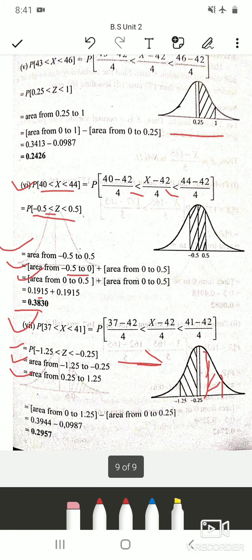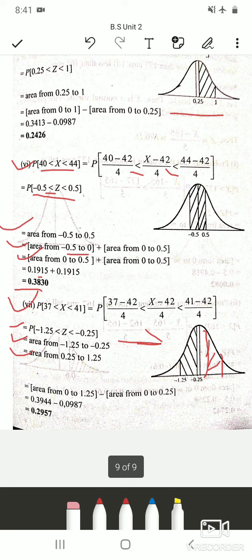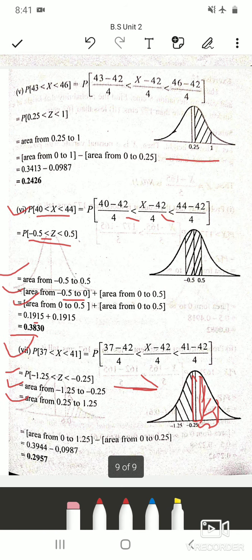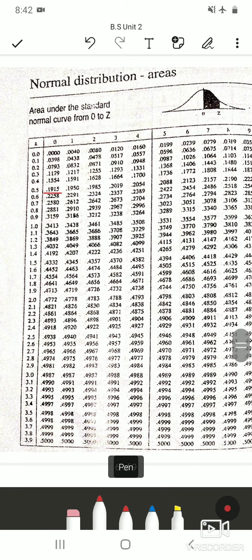So we take the area from 0 to 1.25 minus the area from 0 to 0.25. First we find the area from 0 to 1.25, and from that we subtract the area from 0 to 0.25. Go to the table and check the value of 1.25. 1.2 is here, and we check under 5.